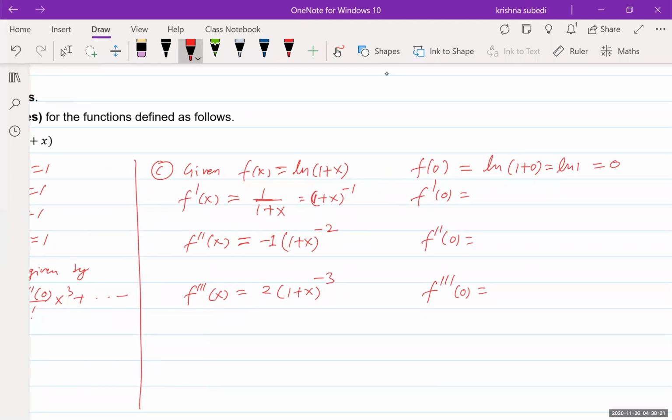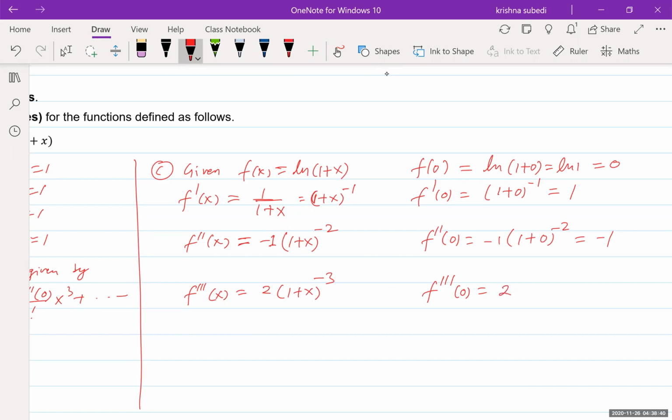You know ln 1 is 0. F prime of 0, so that means (1 plus 0) to the power negative 1. So that's going to give me 1. Second derivative, minus 1 times (1 plus 0) to the negative 2. That's going to give me negative 1.